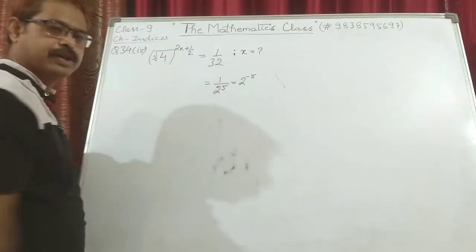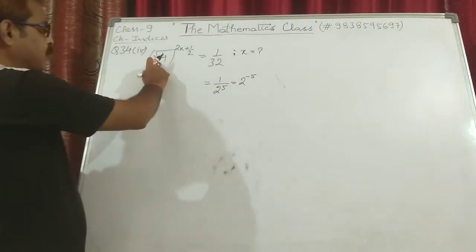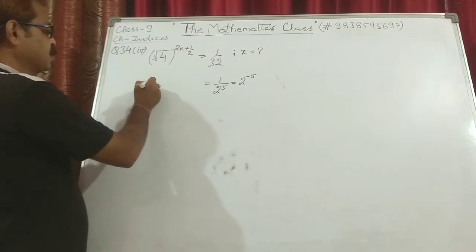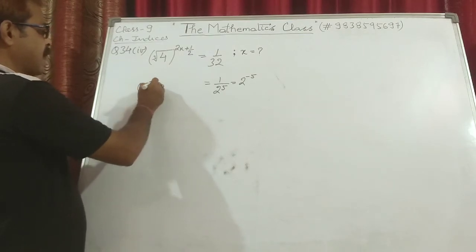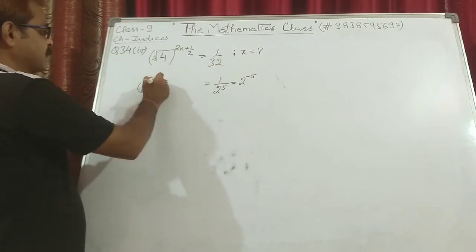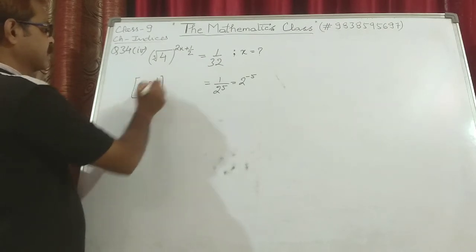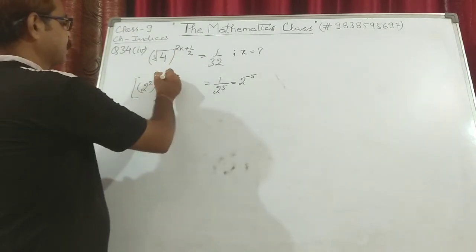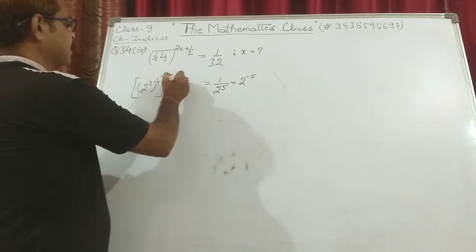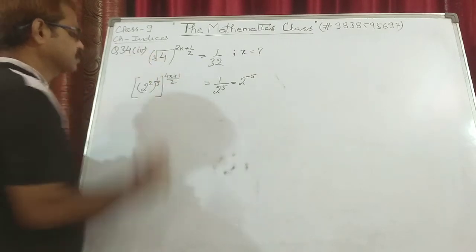Right hand side I have already solved. Now 4 can be written as 2 squared, and cube root can be written as power 1 upon 3. And then the power is there, which if we take the LCM, it will become 2 to the power 2 upon 3.